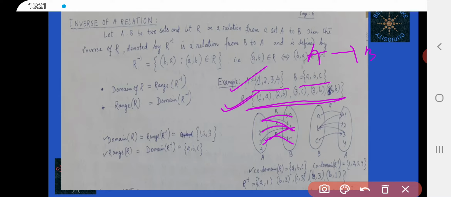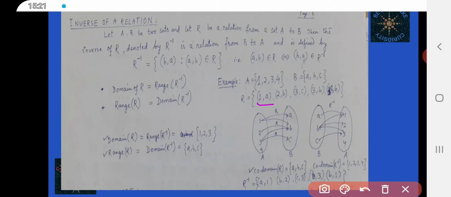So this is your relation. Now write the inverse of the relation R. The inverse will be from B to A: A to 1, B to 1, B to 2, B to 3, C to 3.